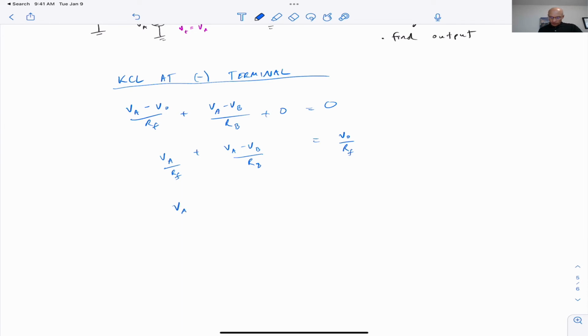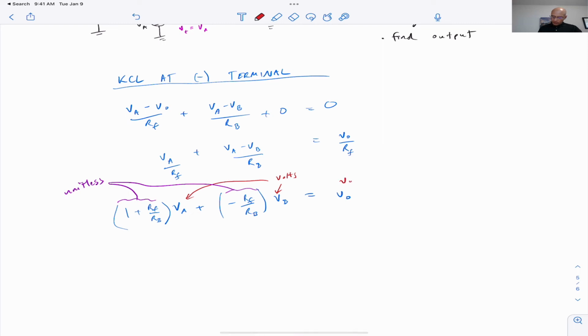So the first term gets us a 1. The second term, when we multiply by RF, gives us RF over RB. And then for VB, looks like we just have a negative RF over RB. Again, we multiplied both sides by RF, so we just have VO here. So now we know what VO looks like, and we should be satisfied because we see here that VA and VB, well, we know those have units of volts, and then these coefficients are resistors over resistors, so that's unitless.